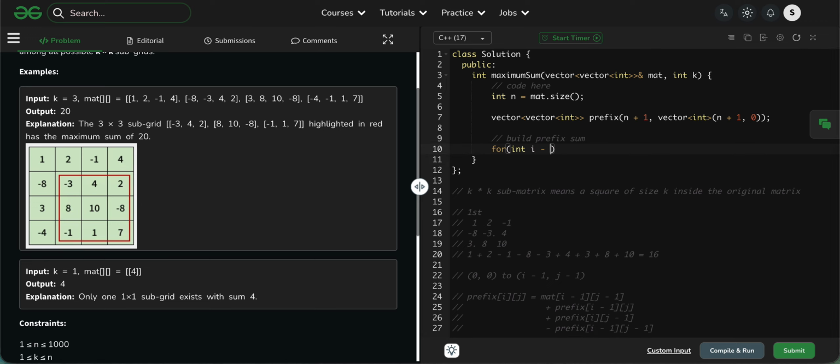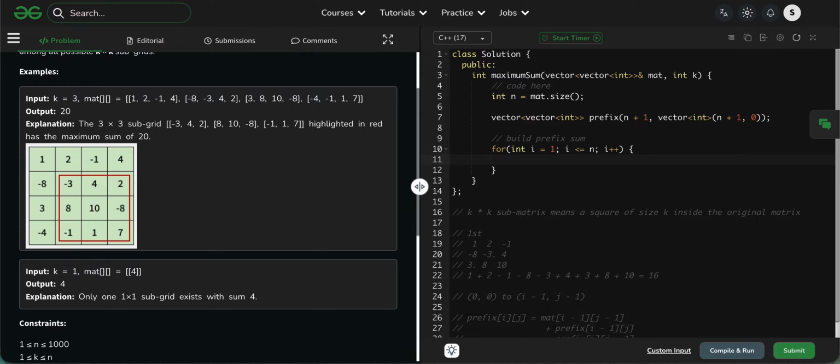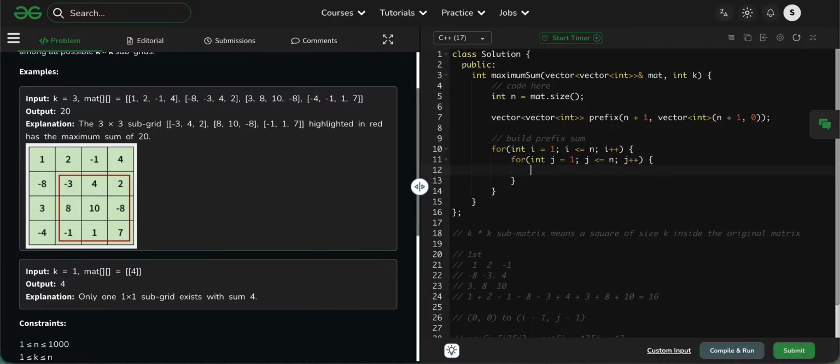For int i is equal to 1, i less than or equal to n, i plus plus, right? And then for int j is equal to 1, j less than or equal to n, j plus plus, got it? Now the prefix of i and j, the same formula, right?